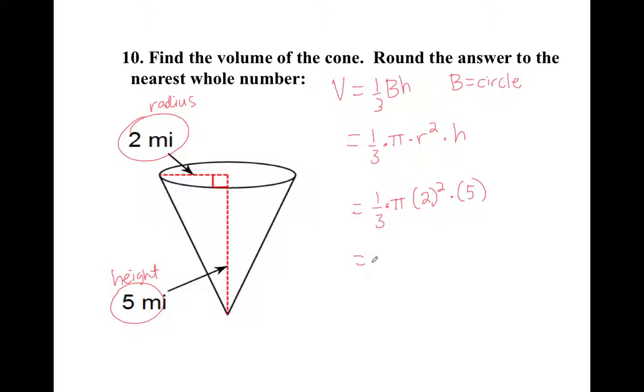So we're looking at 20 point, actually it'd be 21, because it comes out to be 20.944. And remember, since I said round to the nearest whole number, it comes out to be 21, and we're going to say miles cubed.